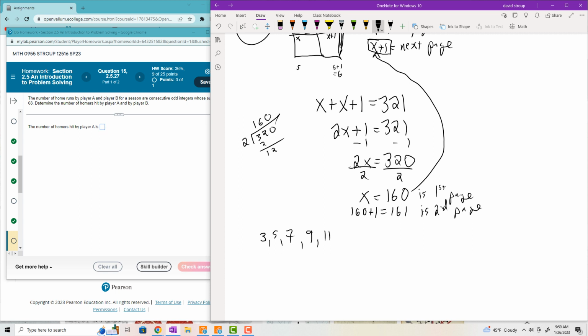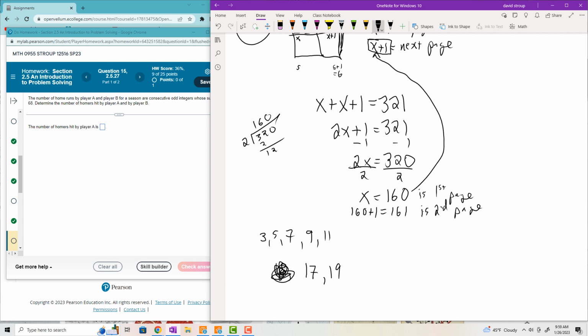So if one number of home runs is, say, 18, no wait, 18 is even, so let's say 17, then player A is getting 17 home runs, and player B is going to be just 19.